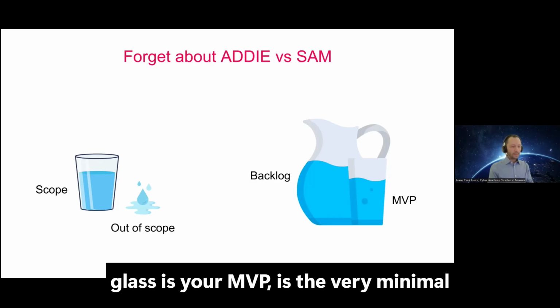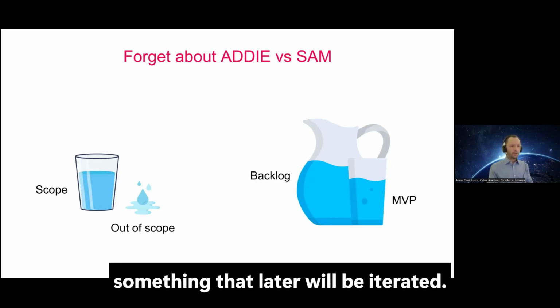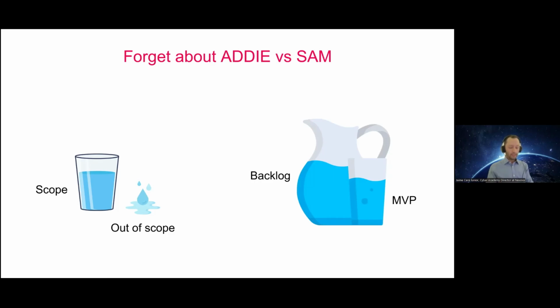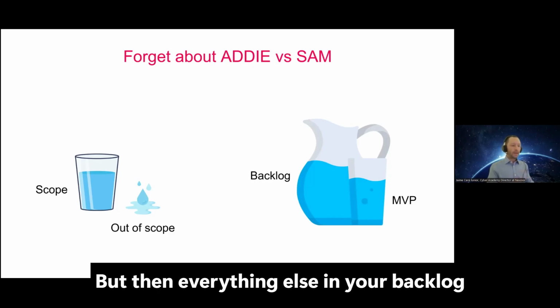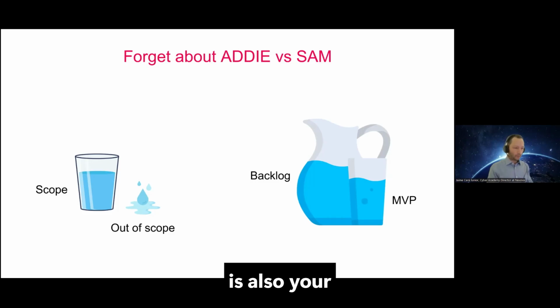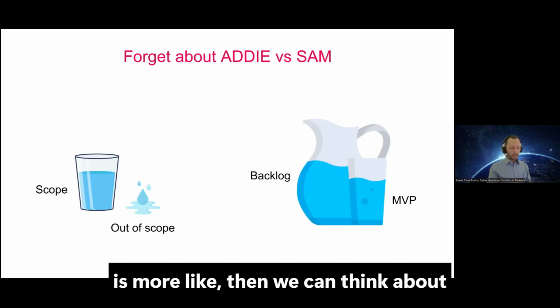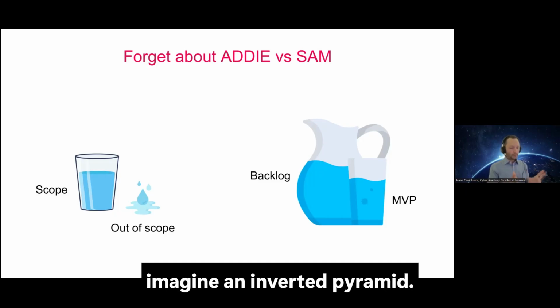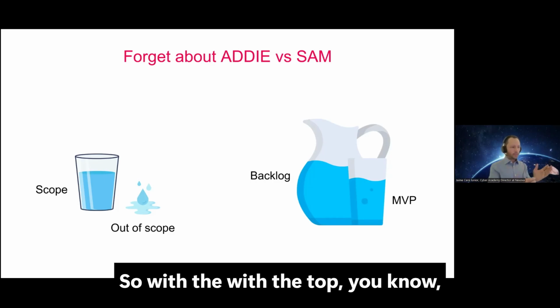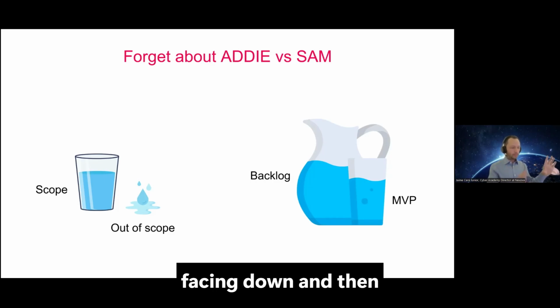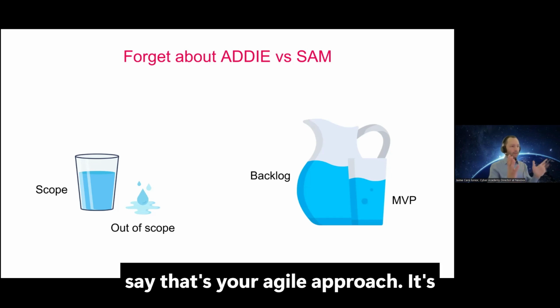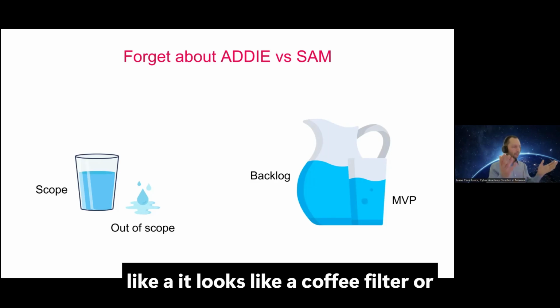Inside the glass is your MVP, the very minimal stuff you're going to do to deliver something that later will be iterated. But then everything else in your backlog is also part of your scope. We can think about this in another way: you can imagine an inverted pyramid, with the top facing down, and say that's your agile approach. It looks like a coffee filter.